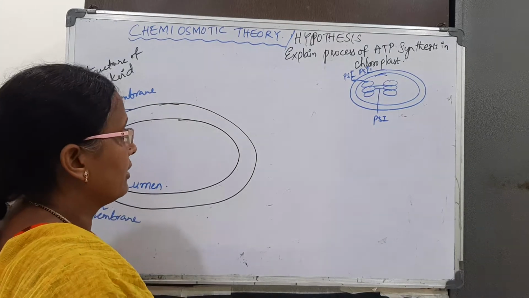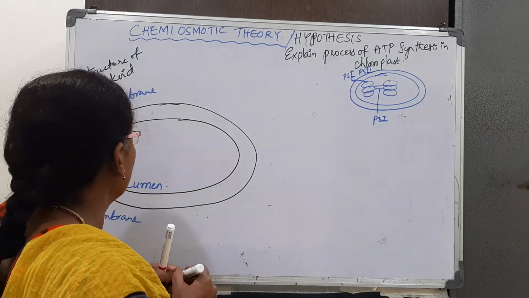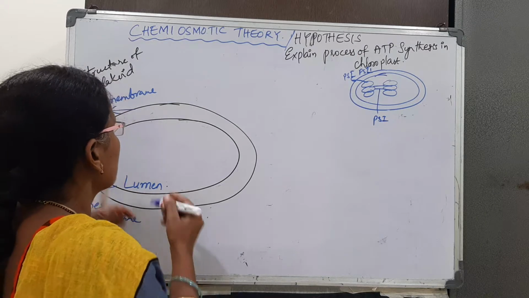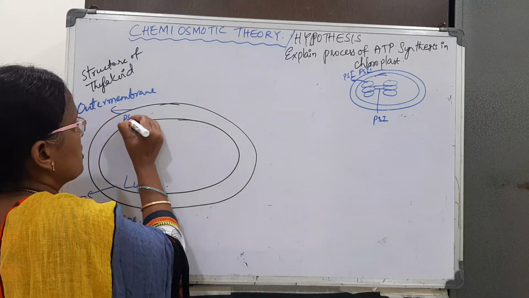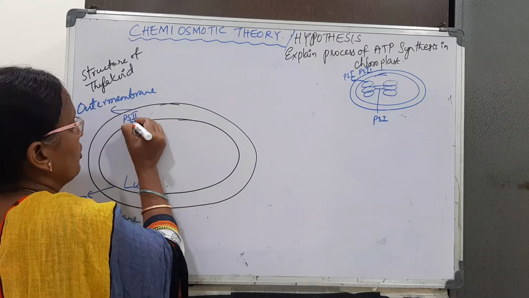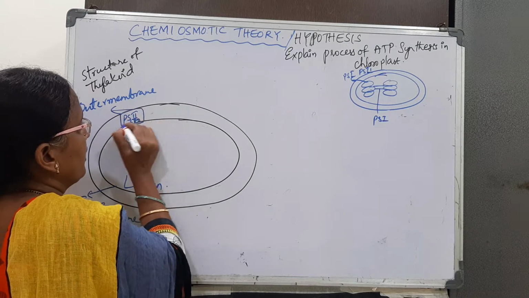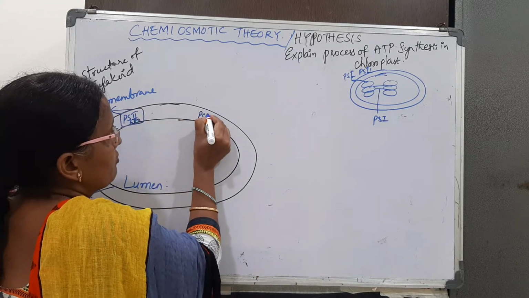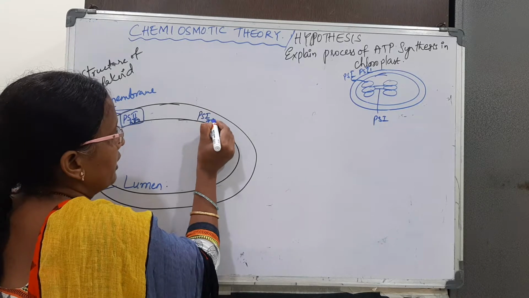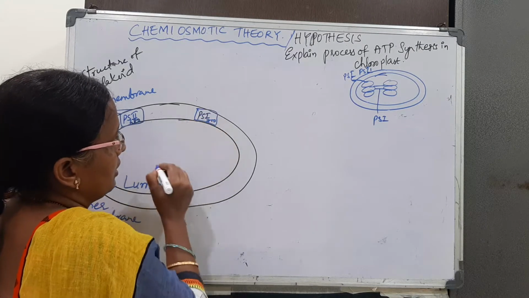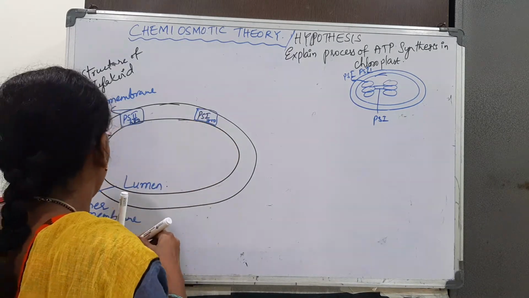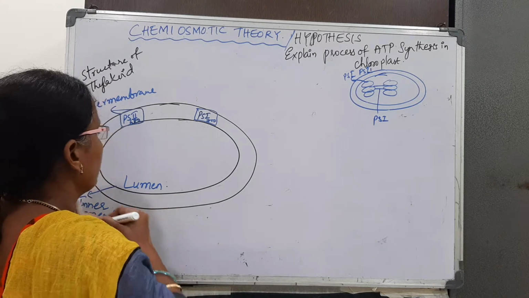In this, there are photosystems present. Photosystem 2 680 and photosystem 1 700 nanometers, and different electron carriers.